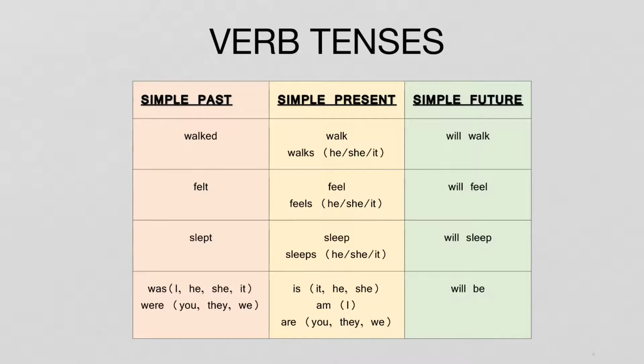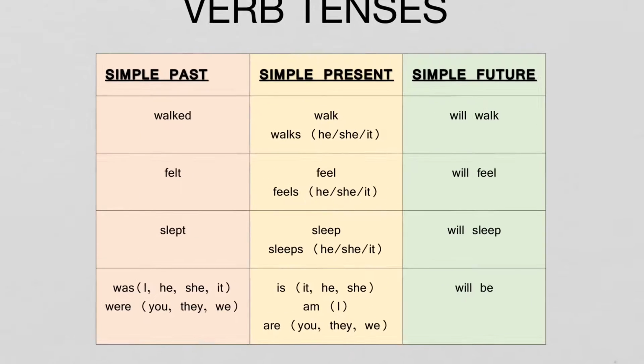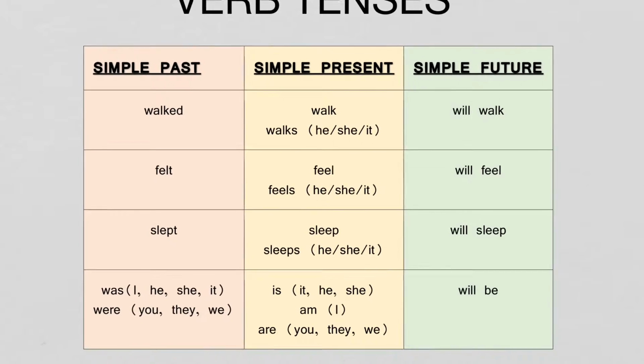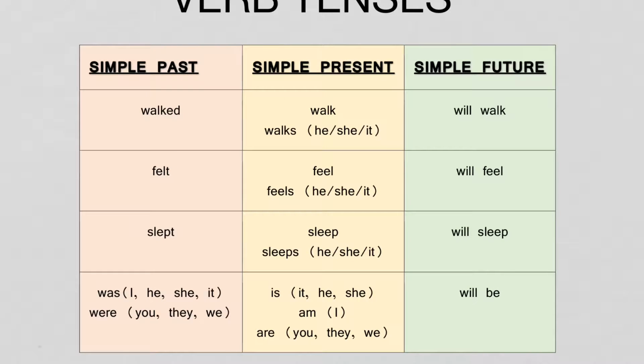Now, if you've watched the earlier videos, you'll know that I've already talked about these three tenses. But in this video, we'll look at them a little bit more carefully.